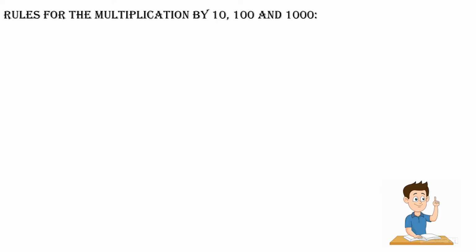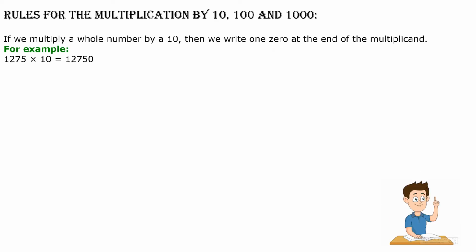Now, there are some rules for multiplication when I am supposed to multiply any number by 10, 100 and 1000. So let's see the rules. If we multiply a whole number by 10, then we write 1 zero at the end of the multiplicand.